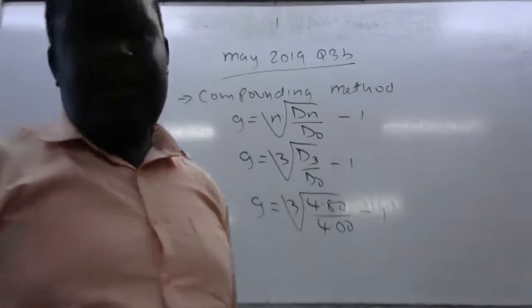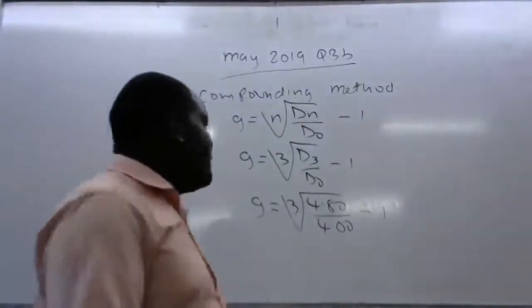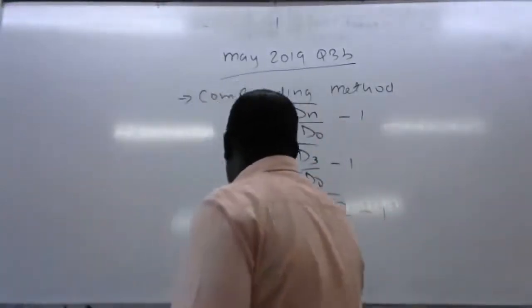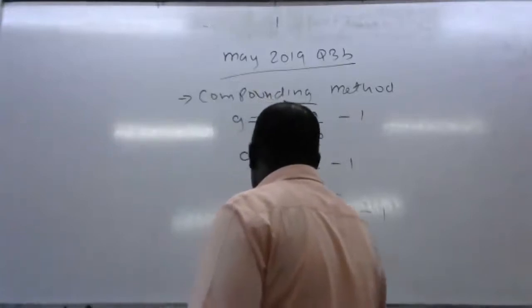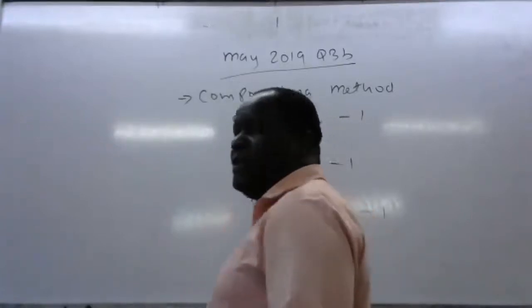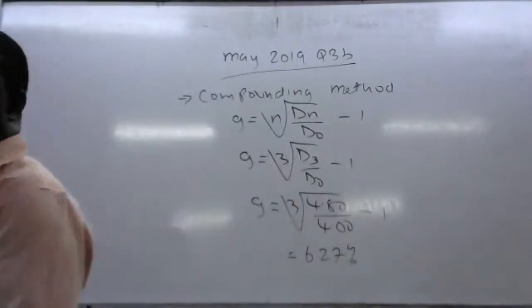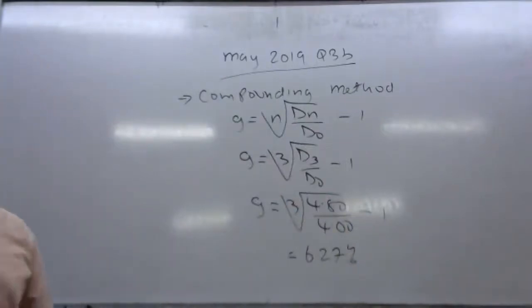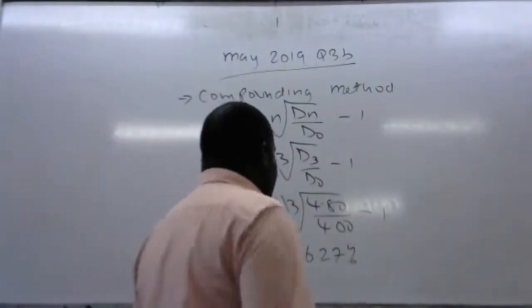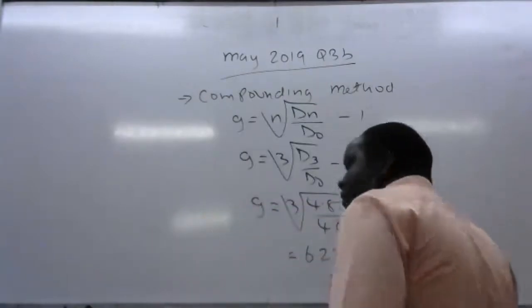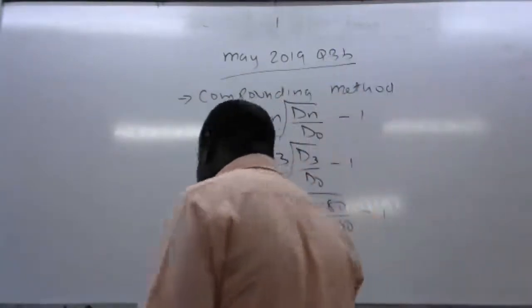Yes, I'm told it is 6.27. We get 6.27%. Then after that, we use the retention ratio method so that we come up with the return on equity.